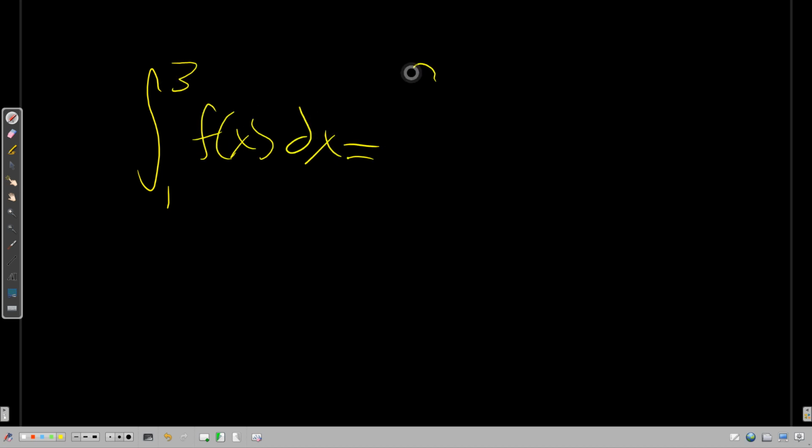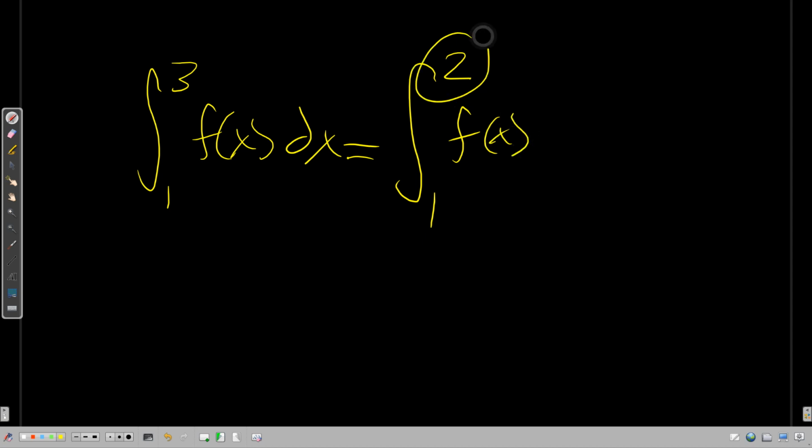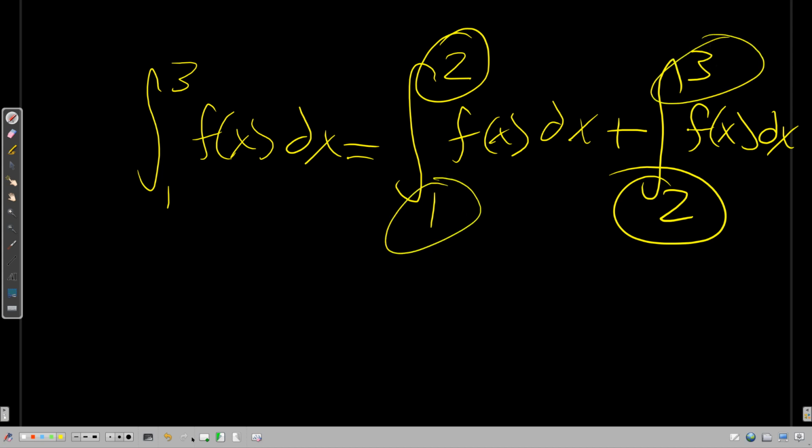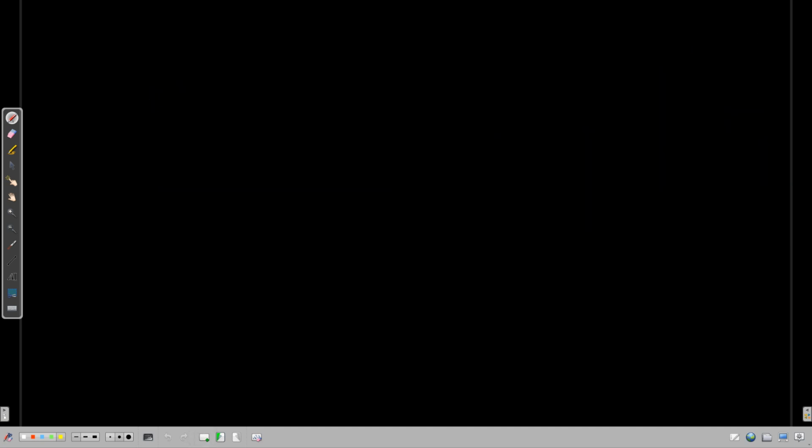Remember that you can take a pit stop somewhere in here at some point that's between your original limits of integration, and then pick back right up where you started and keep going to the end. Like, these are the same because we had a pit stop at 2 and just kept right on going from 1 to 3. Those are equivalent.